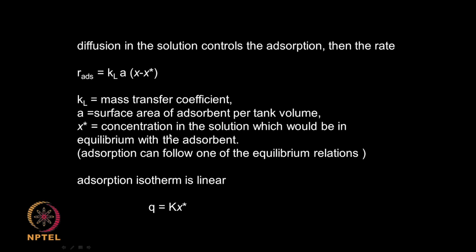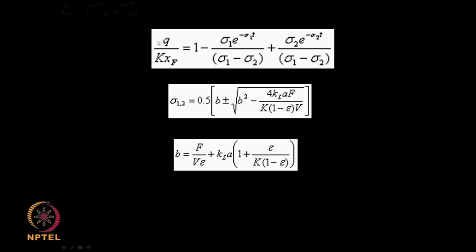So, there are two equations, one differential equation and one equation for adsorption rate. We can solve them and end up with this type of relation as a function of time. You can see how these things change. So, Q divided by K XF is equal to 1 minus and so on, minus sigma 1 T minus sigma 2 T, where sigma 1 and 2 are given like this, and B is given like this.